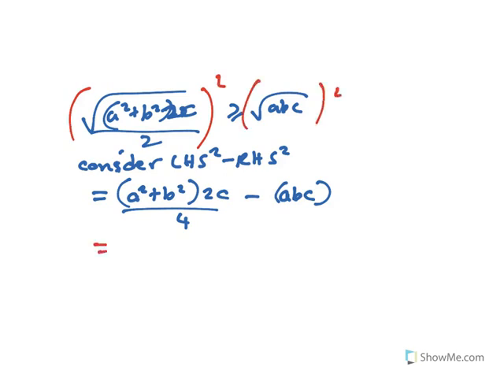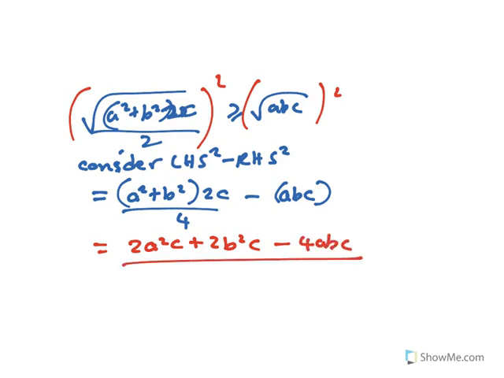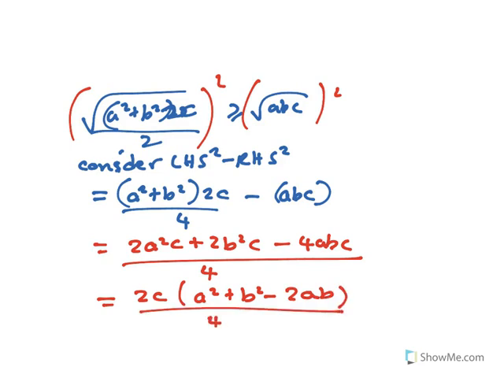So that's going to then be 2A squared C plus 2B squared C minus 4ABC, all over 4, which is common factor of 2C, A squared plus B squared minus 2AB, all over 4, which is 2C, which is A minus B squared on 4.